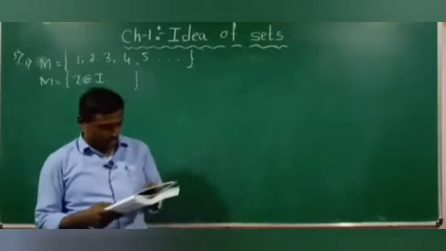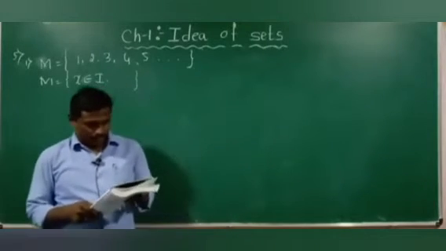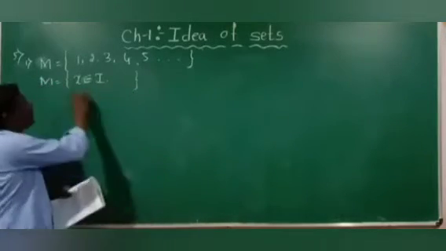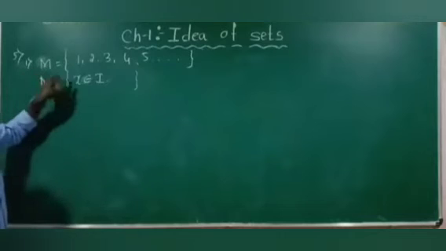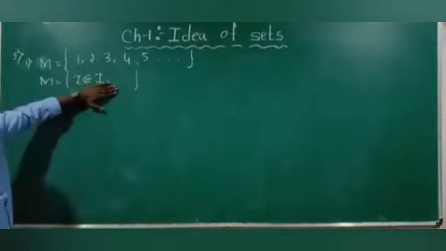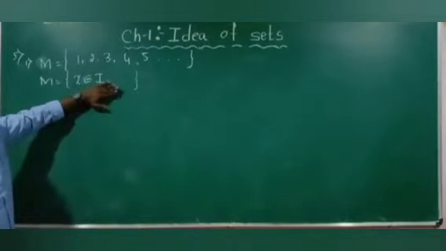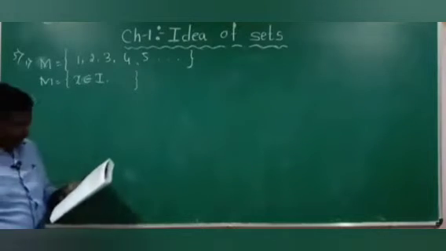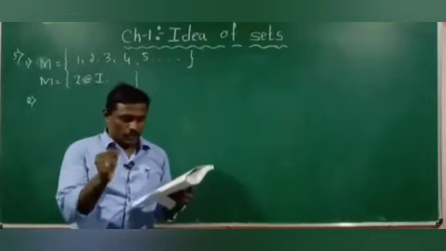Or you can also write here, set M is a collection of the positive integers. Okay, next, second question, the set of odd natural numbers.